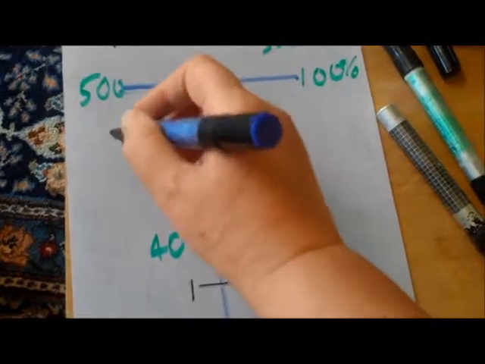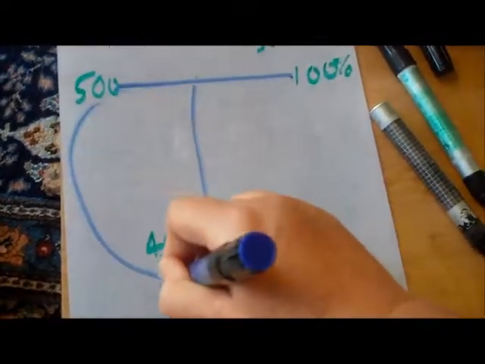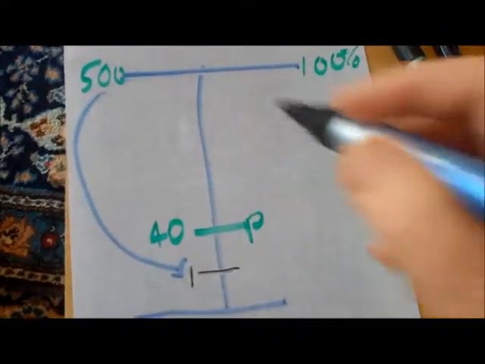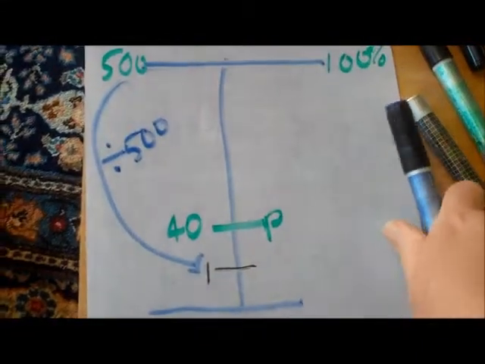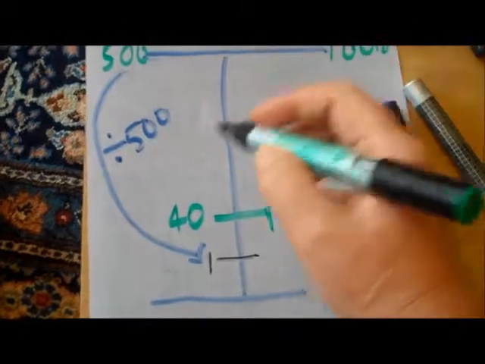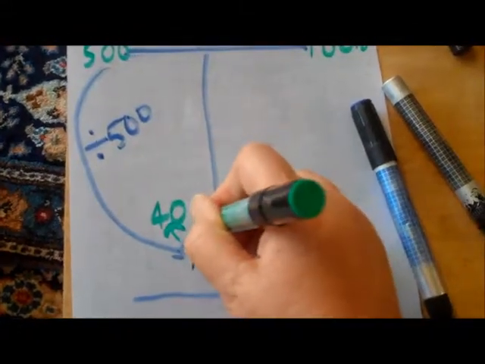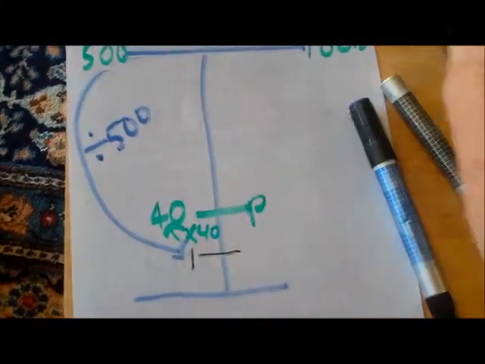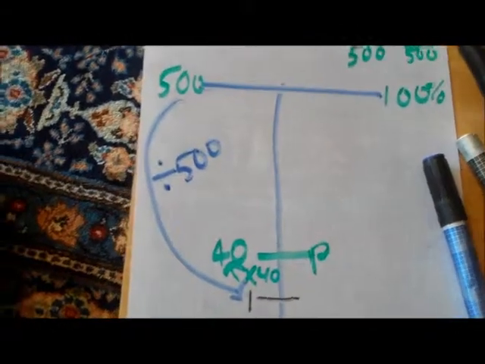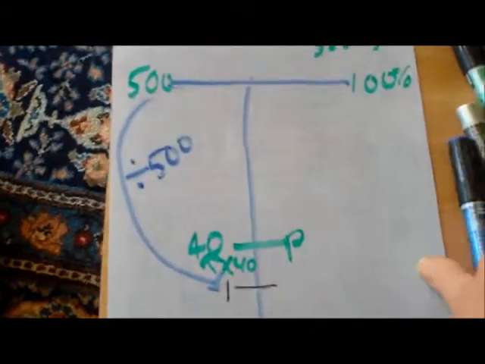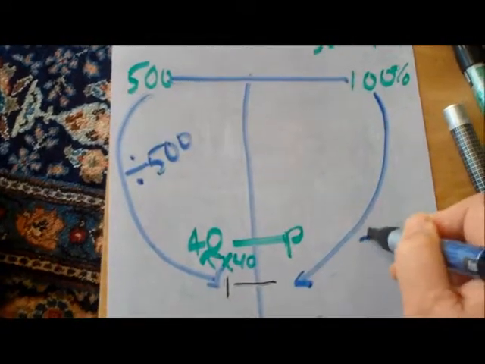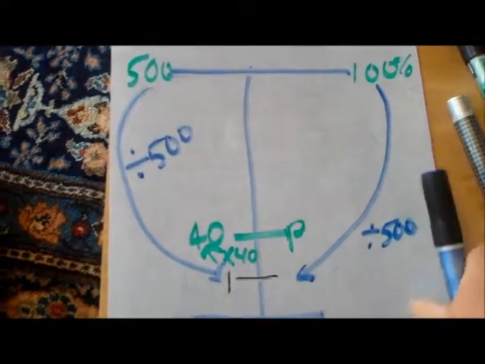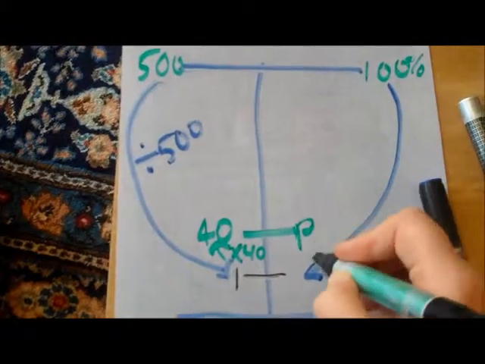How do I go from 500 to 1? Well, it has to be a divide by 500. How do I go from 1 to 40? Must be times 40. And so I'm going to do exactly the same on the other side. This side goes divide by 500, and then I multiply by 40.